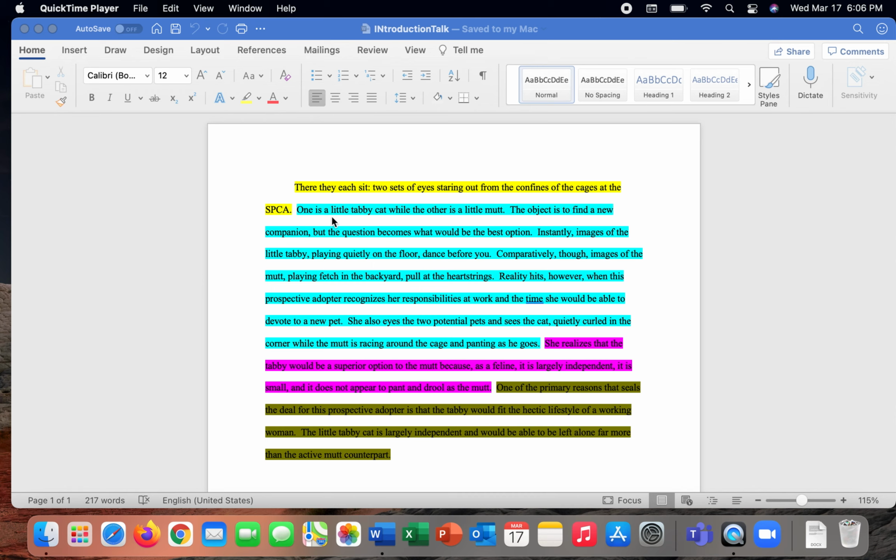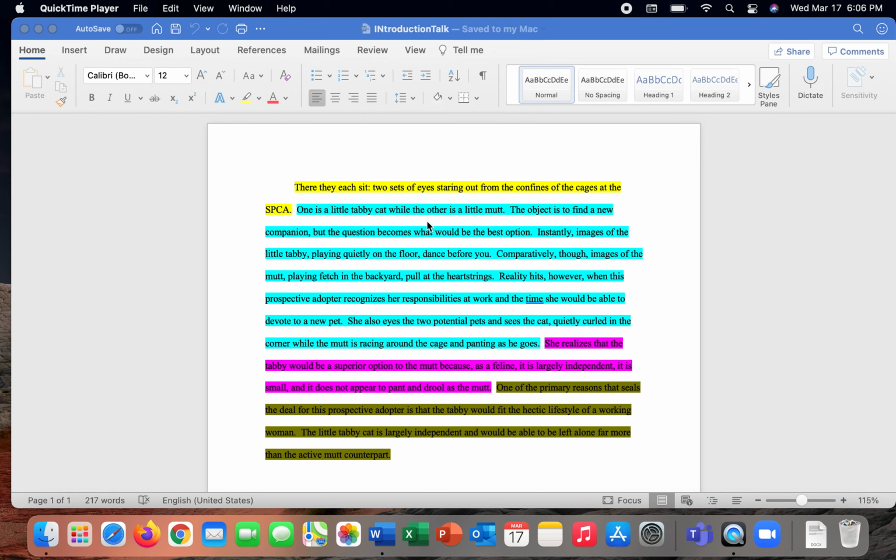Then I get the organized phrases to follow that situate this phrase and also my thesis statement. One is a little tabby cat, while the other is a little mutt. The object is to find a new companion, but the question becomes, what would be the best option? Instantly, images of the little tabby playing quietly on the floor dance before you.